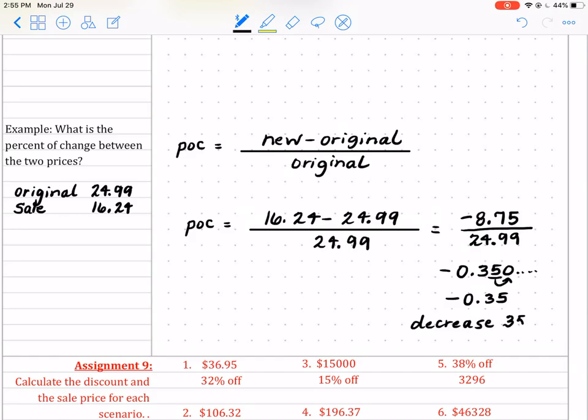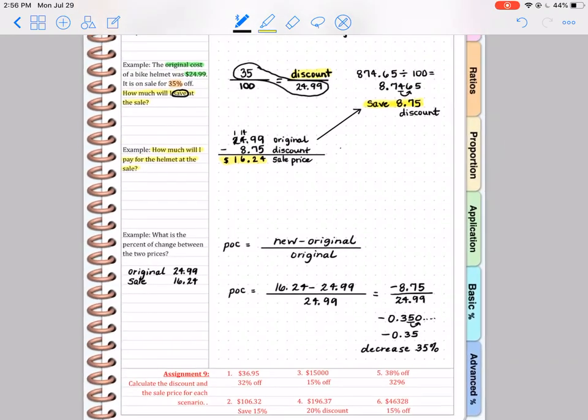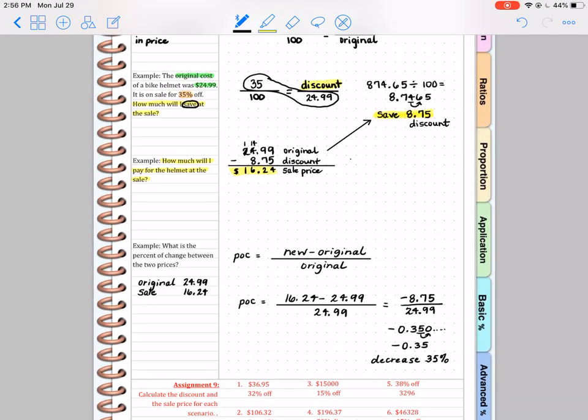Well, if you look back at that original question that I gave you, what was our original percent off? 35%. So what I've done here, I've just brought us full circle. We started out with 35% up here, and then we finished up with 35%. So all of this fits together very nicely.